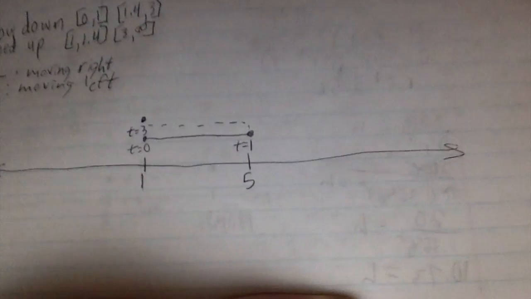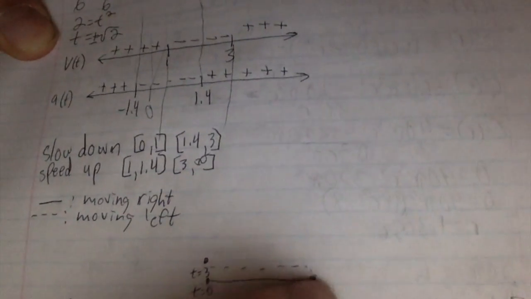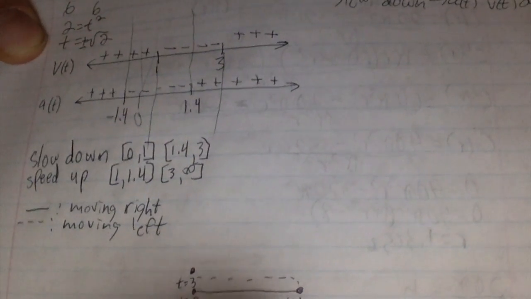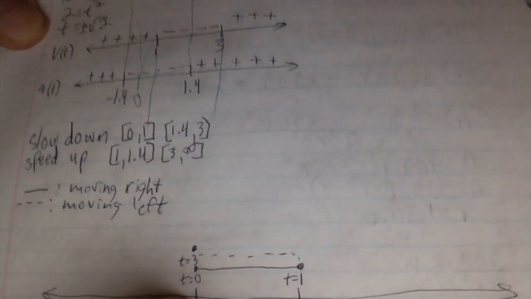I drew a dotted line right there, and we know from the key the dotted line means moving left, so it went from 1 to 5, stopped at 5, and then went left and stopped back at 1 at t equals 3.